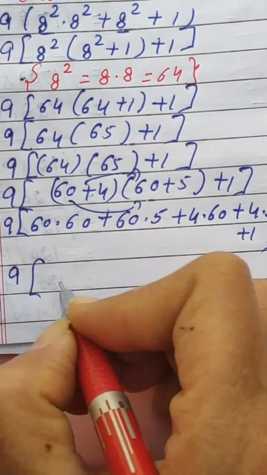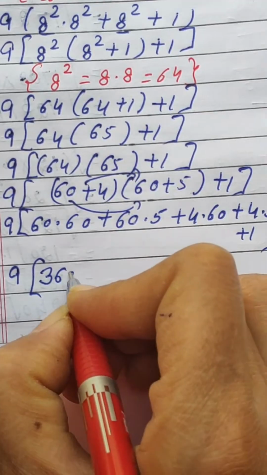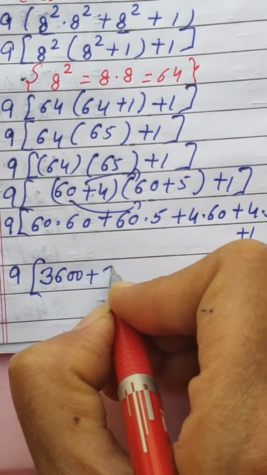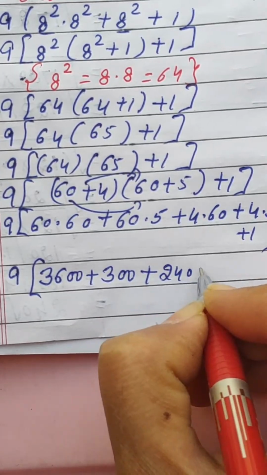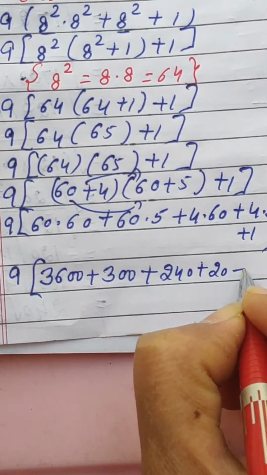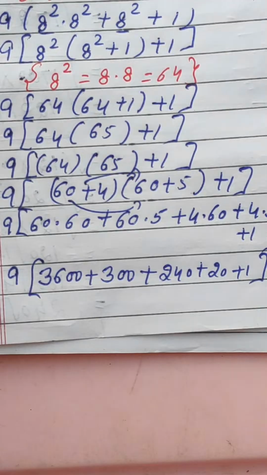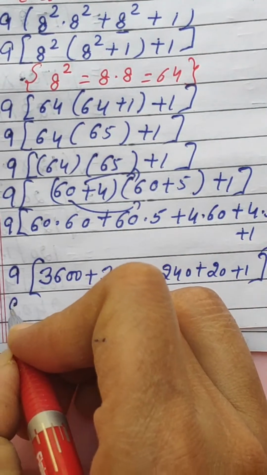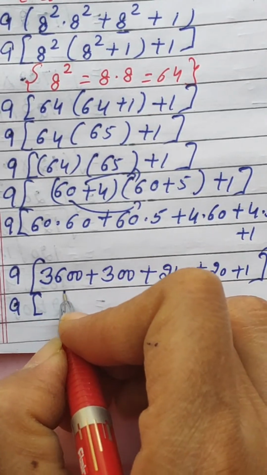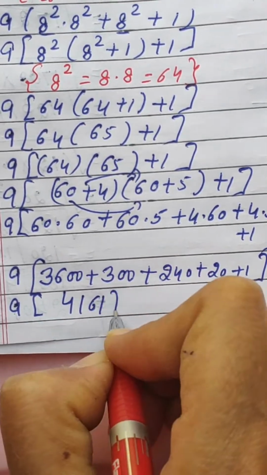So 9 times 3600 plus 300 plus 240 plus 20 and plus 1. So if I combine this, the result will be 4161. Okay.